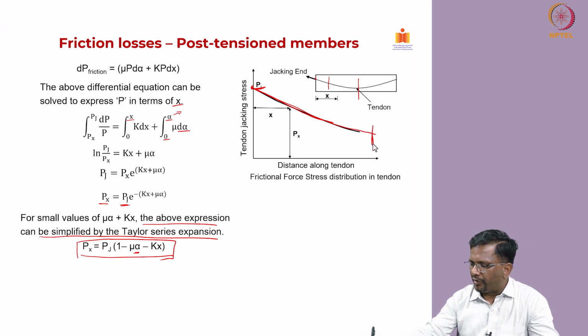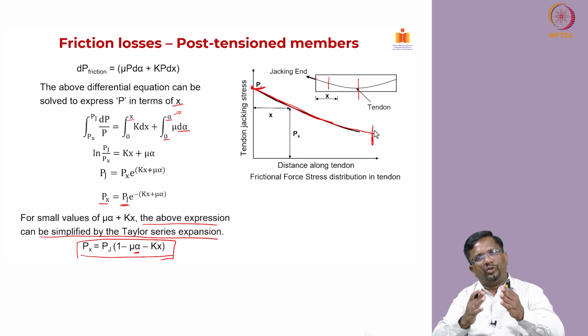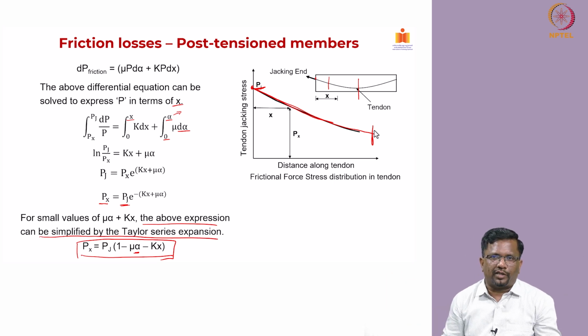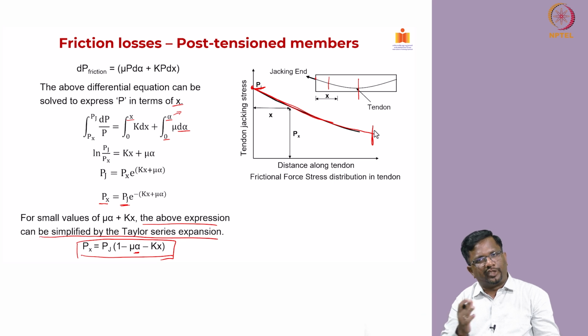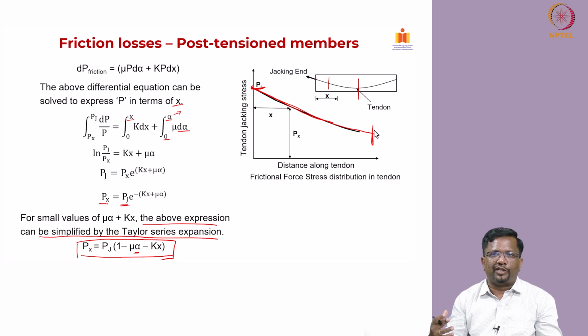If you are not careful, then your friction losses can be quite significant, especially in a post-tension system, because I can do the post-tensioning for multiple spans at a single stretch. So, 3 or 4 spans can be continuously stretched. When the cable is changing its profile, your cumulative change in alpha can be quite significant.